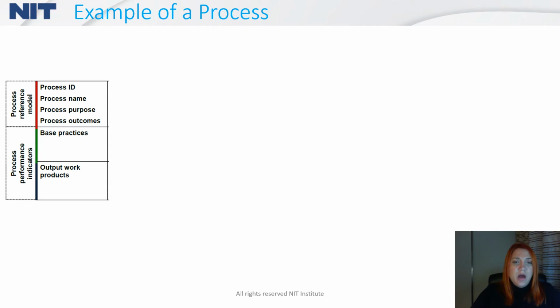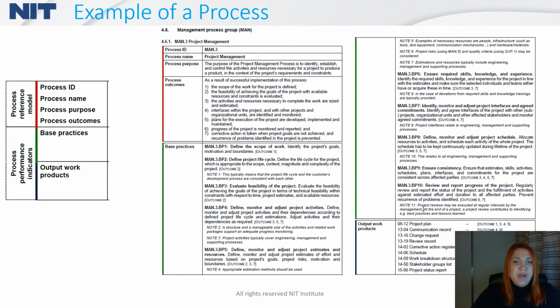This is one of the examples that I wanted to show you of how the processes in automotive SPICE are organized. This is, for example, the core project management process with best practices and work products. And every process in automotive SPICE, as you can see here on this slide, has basically a process reference model and process performance indicators.